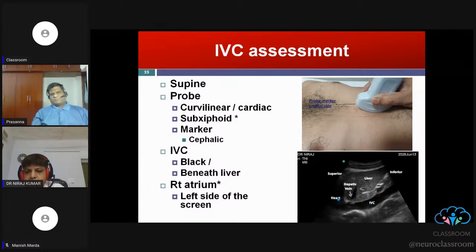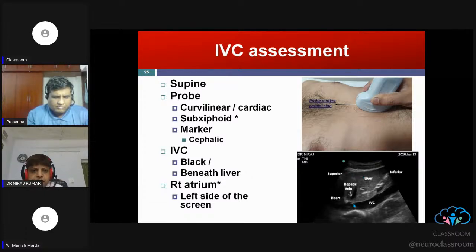Then sometimes you may also find the hepatic vein draining into the IVC. Remember, in the longitudinal axis, you may find the IVC if you are tilting the probe slightly to the right. But if you are tilting the probe to the left side of the patient, you may find the abdominal aorta also.